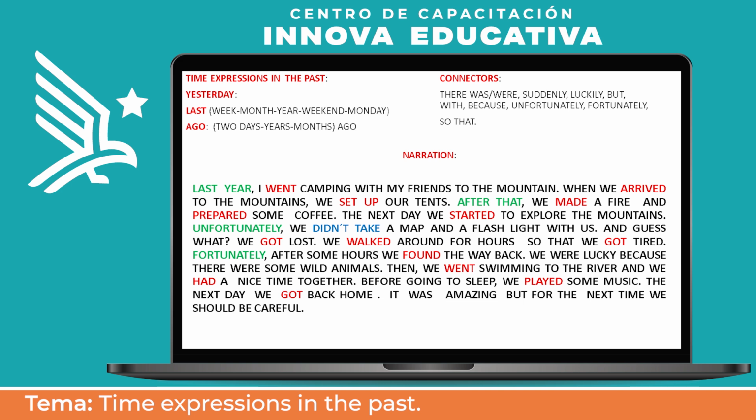La clave para avanzar en el pasado simple es saber los verbos con su pasado. Time expressions in the past, expresiones de tiempo en pasado. And we have connectors in order to understand how they work.